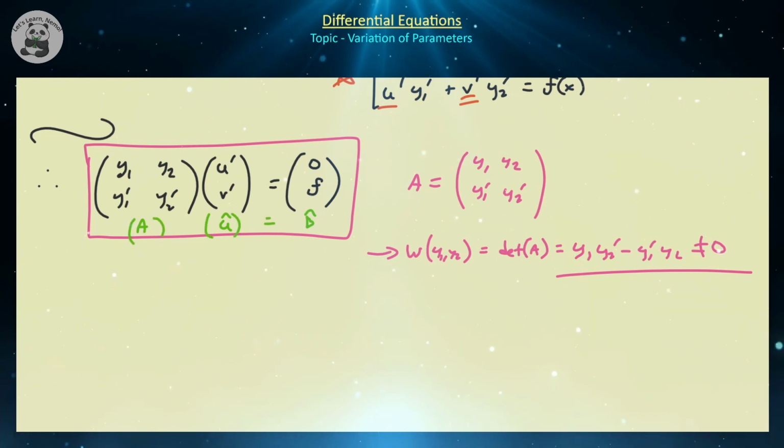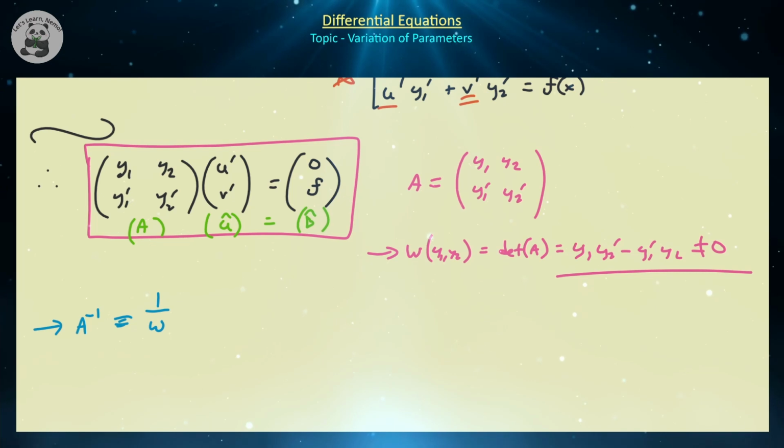So A u is equal to B. We can just apply the inverse of this little 2 by 2 matrix to both sides, and then we have our solution. So our inverse matrix A is going to be equal to 1 divided by the Wronskian of that expression. And then we're going to be like, okay, well, what's that going to be? So we're just going to be reversing these elements and negating the other two.